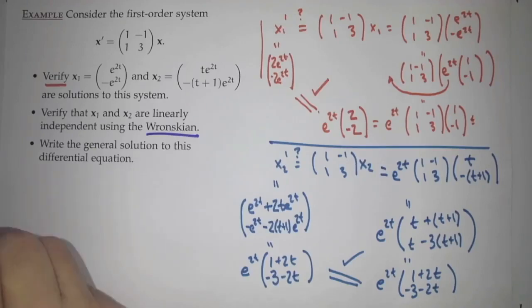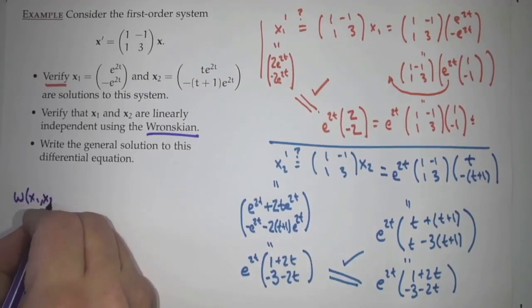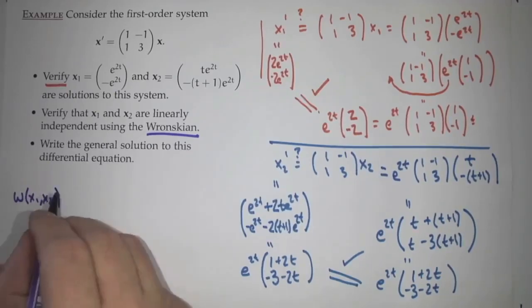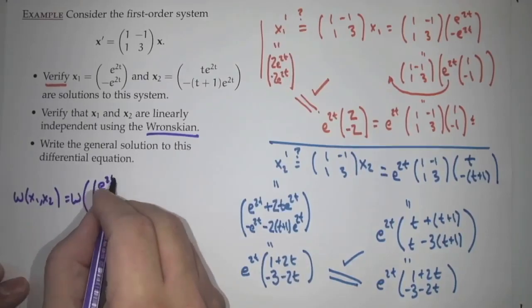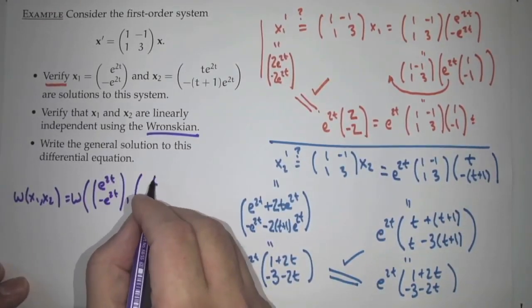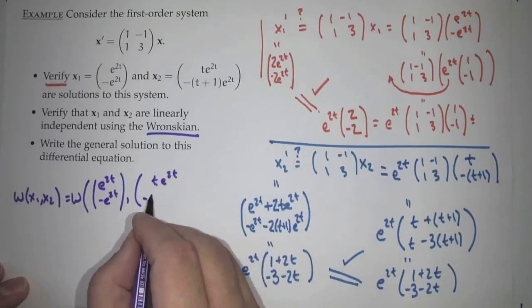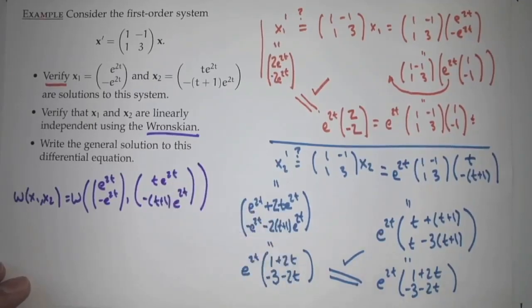So we're trying to look at the Wronskian of these two vector functions, which is really the Wronskian of e to the 2t, minus e to the 2t, comma, t e to the 2t, minus t plus 1 e to the 2t. All right, do you remember how to make the matrix for this?